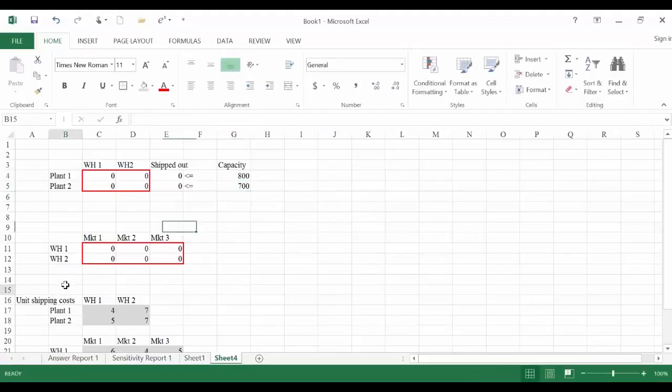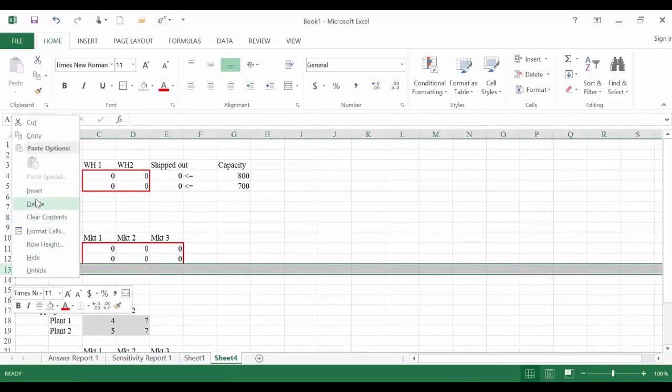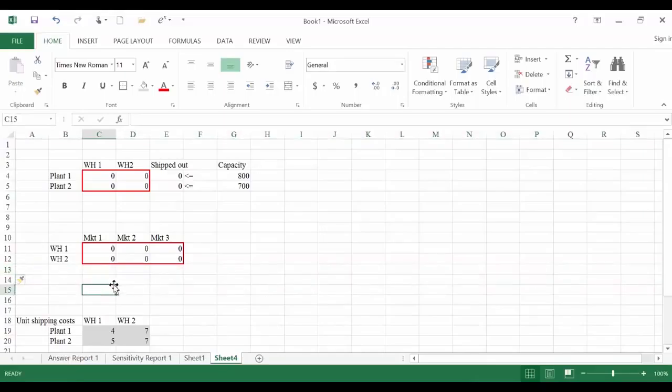And also there are demands for each market.